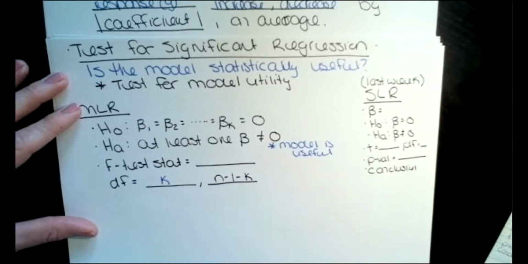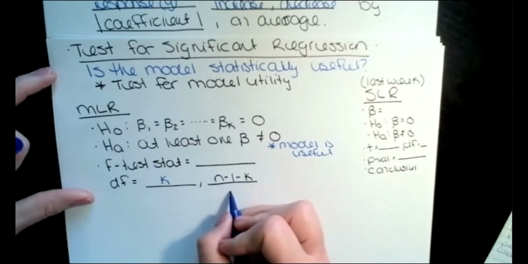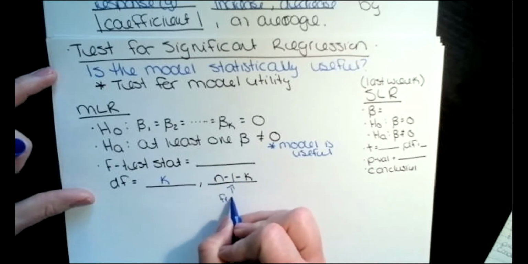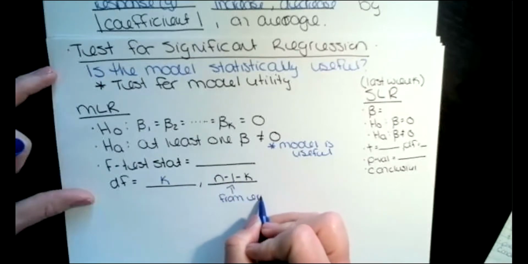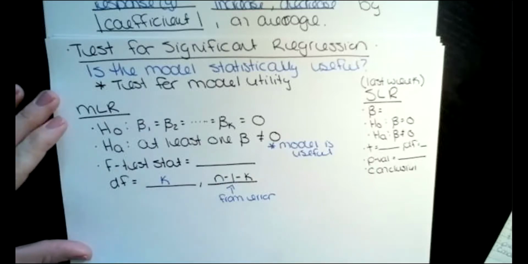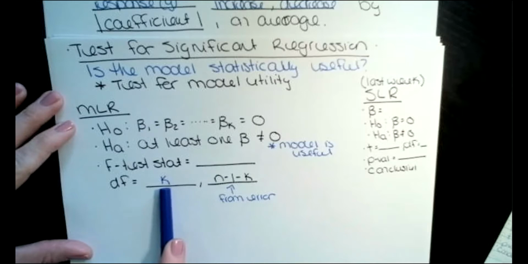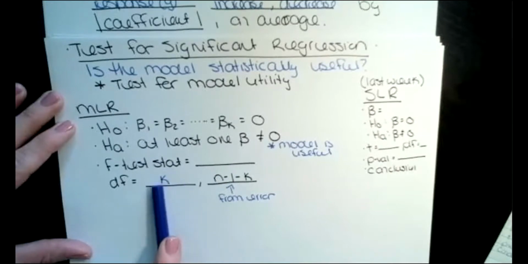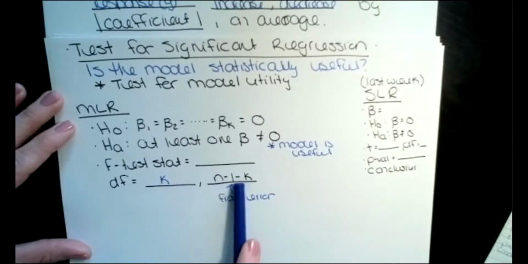That's from my error. So this is all going to look very similar to what we did with our ANOVAs, okay, several weeks ago. So k is going to be from my regression row. We'll see it in the output. I'm going to show you the output in a minute here. And then from my error row, n minus 1 minus k.